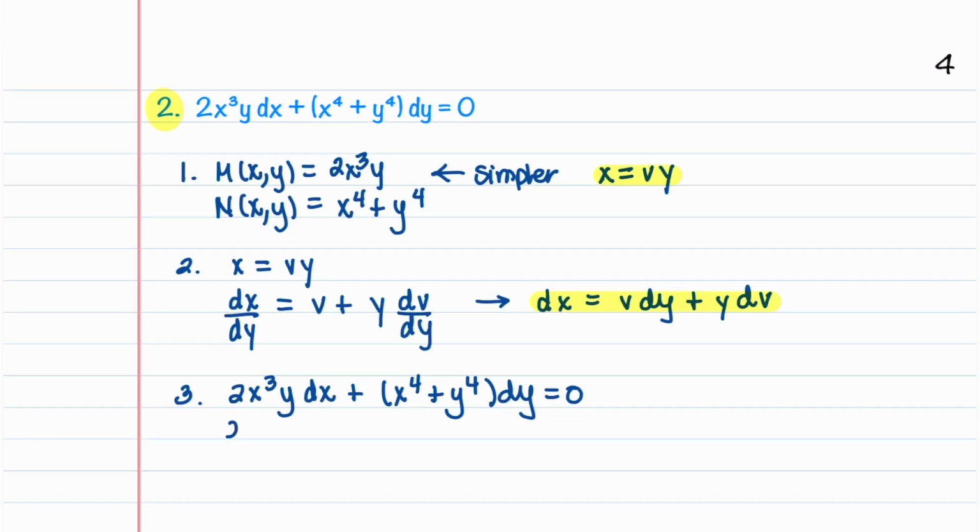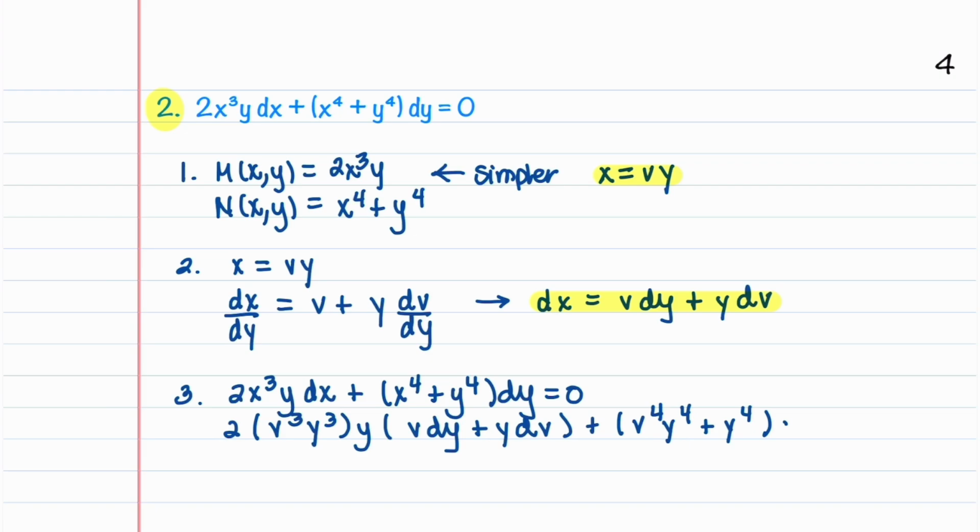We have 2, and then we have x cubed, so that's v cubed y cubed. We have a y, and then we substitute in our dx, v dy plus y dv. And then we add x to the fourth, which is now v to the fourth y to the fourth, plus y to the fourth, times dy, and that's equal to 0.